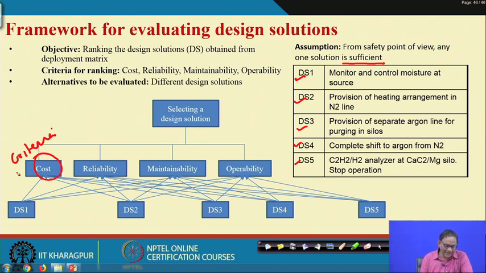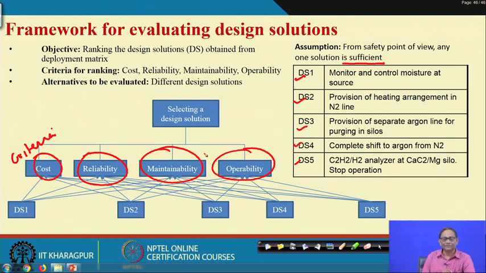Second, the intervention should be reliable, because it should perform the intended function for which it is developed. So, it should work within the mission time. Then the design solution must be easy to maintain and easy to operate also.